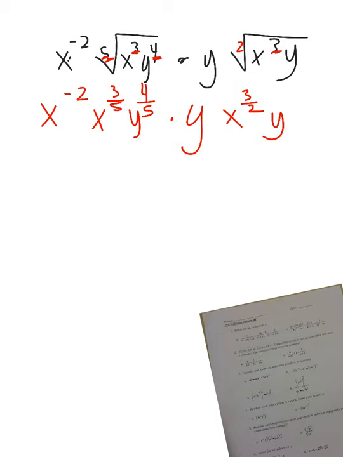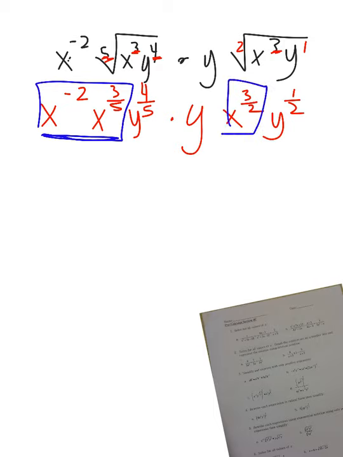My power for the y is 1, and that's over 2. So now we can multiply. Remember, when we multiply same bases, you add the exponents. So that becomes x to the 1/10. And then my y's become y to the 23 over 10. Okay, so let's take a look at 5b.